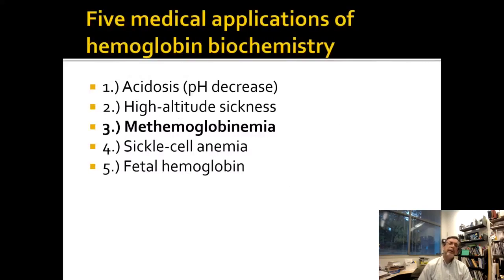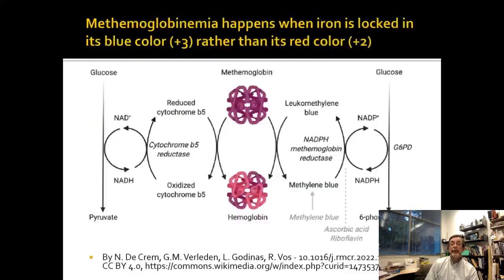Okay, so a shorter story in this case, but there's a story about methemoglobinemia, which is an application of what can go wrong with hemoglobin biochemistry. And this has a striking difference. You know that veins and arteries have different colors.